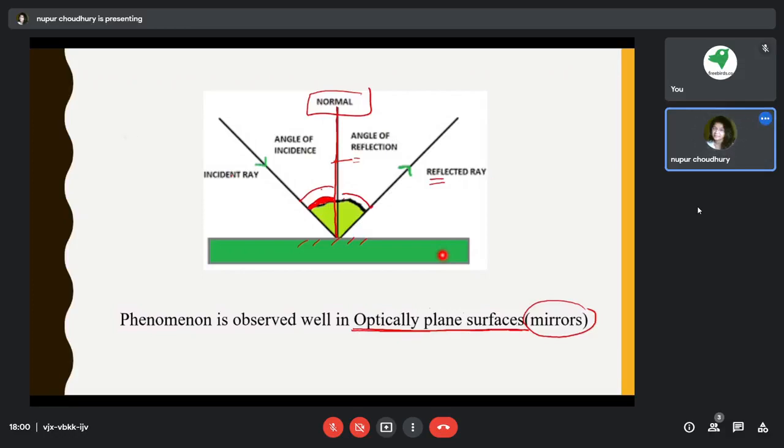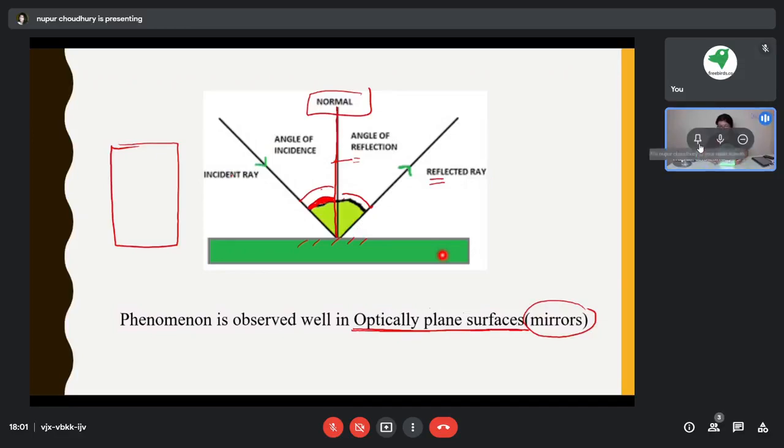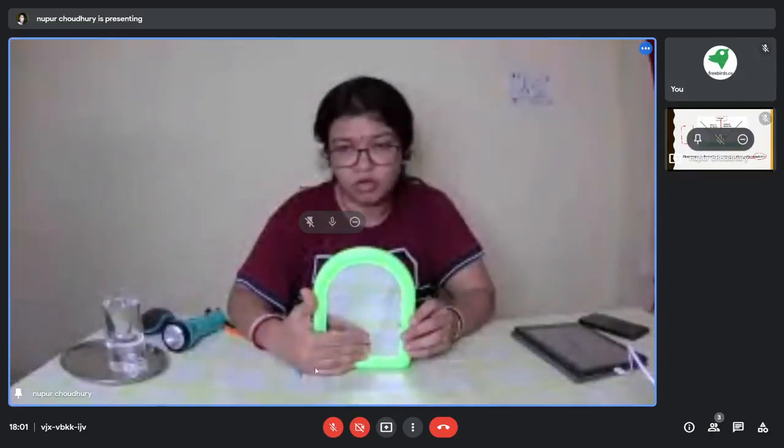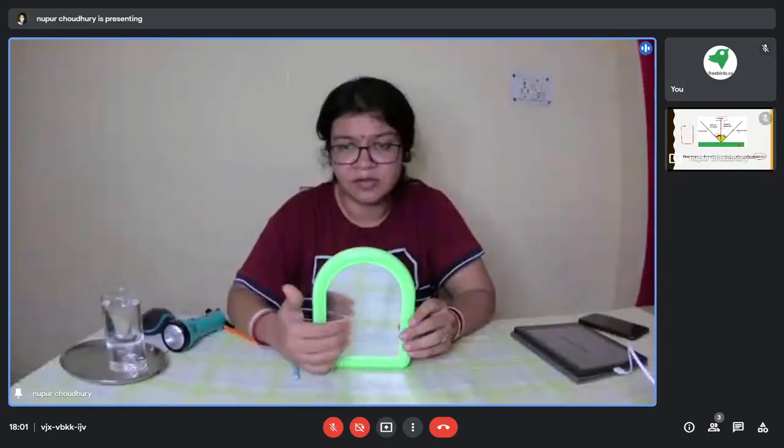Now, all of us have a mirror in our house. So this is a mirror, an optically plane surface.